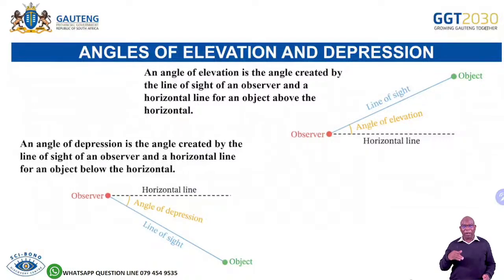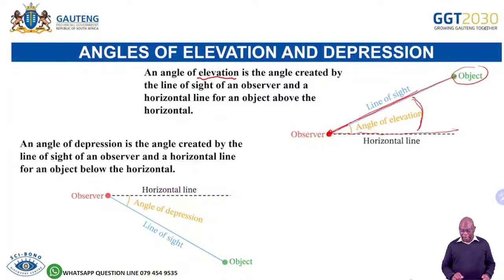Well, you know when you are depressed, you are down. In other words, if I have an angle of elevation, I look from the observer side up at that object. If I'm looking up, the angle that is formed between the horizontal line and my line of sight is called the angle of elevation.